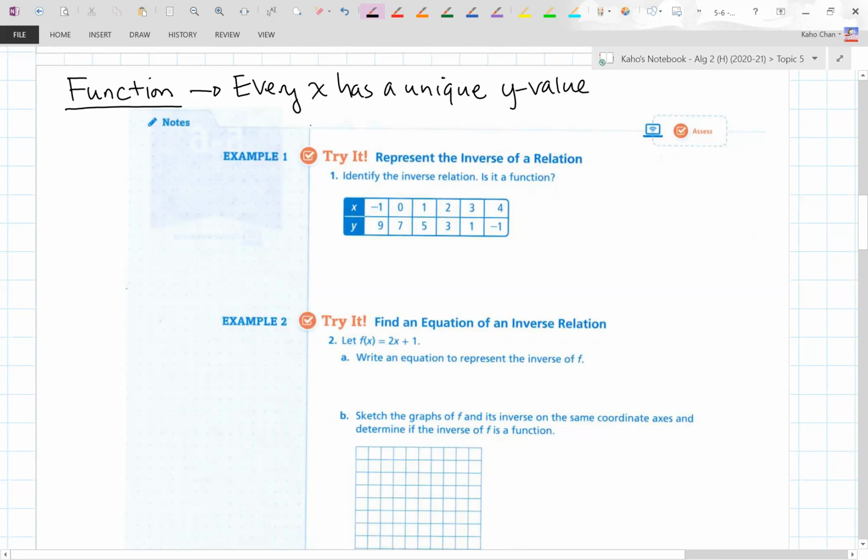You can also use the vertical line test to check this out. The vertical line test states that no matter what line you draw through a function, you only hit it once. If you hit it more than once, then it's no longer a function. It's called the vertical line test.